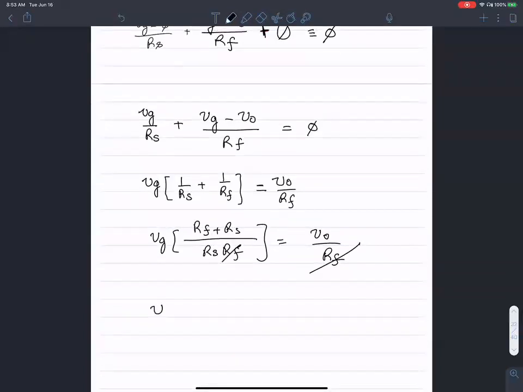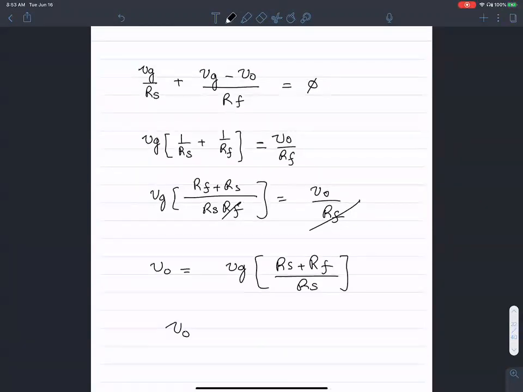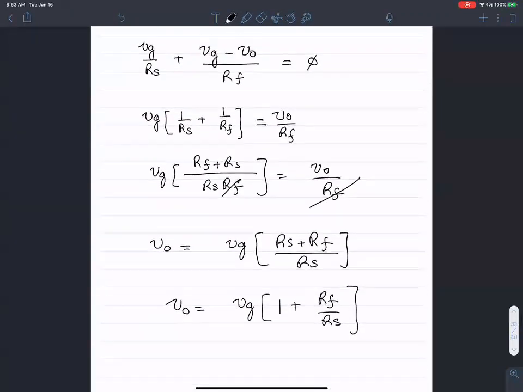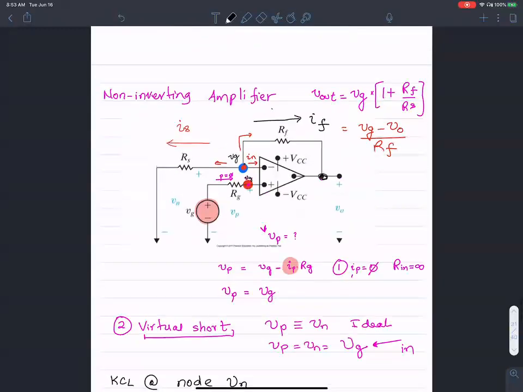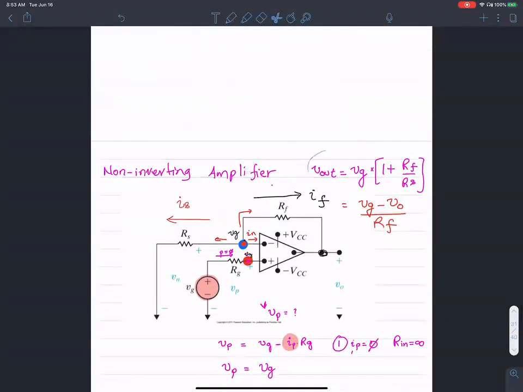I'm going to be left with V output equals to VG times RF plus RS over RS. Simply meaning that V output equals to VG times 1 plus RF over RS. Okay, sure enough, that's the solution that we were expecting.